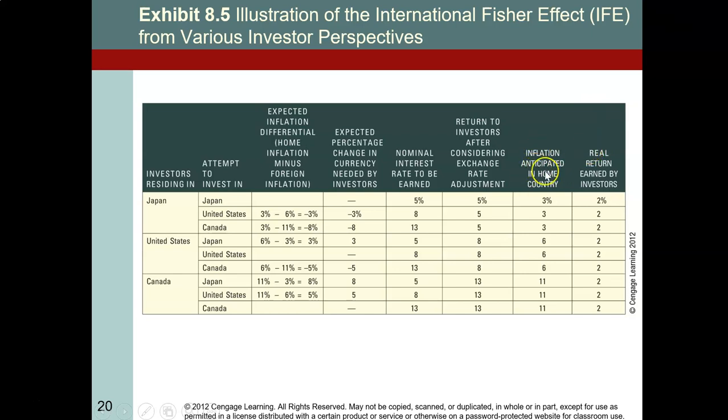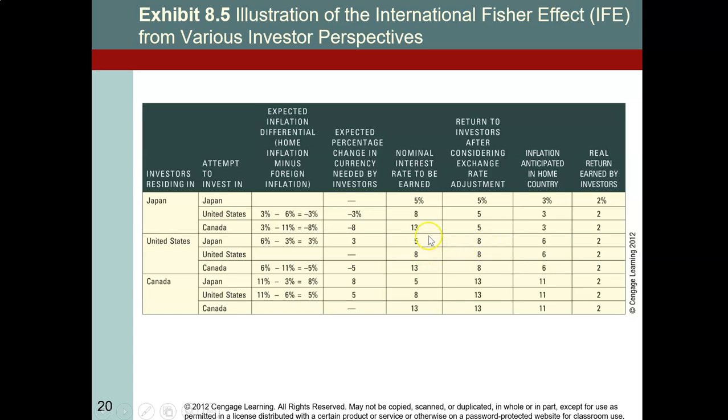Inflation anticipated in the home country, again, is 3% for Japan. The real return earned by investors would be the final return minus the inflation. So the real interest rate would be 2% for the three cases. Same for US investors.